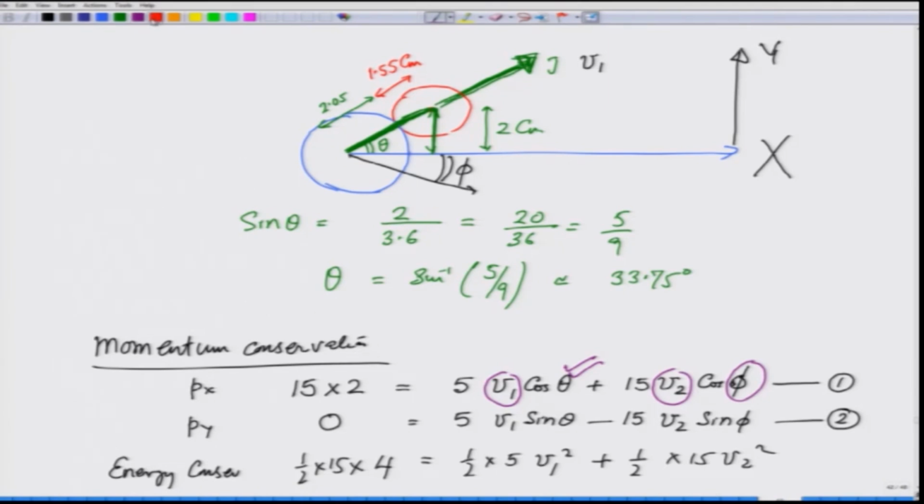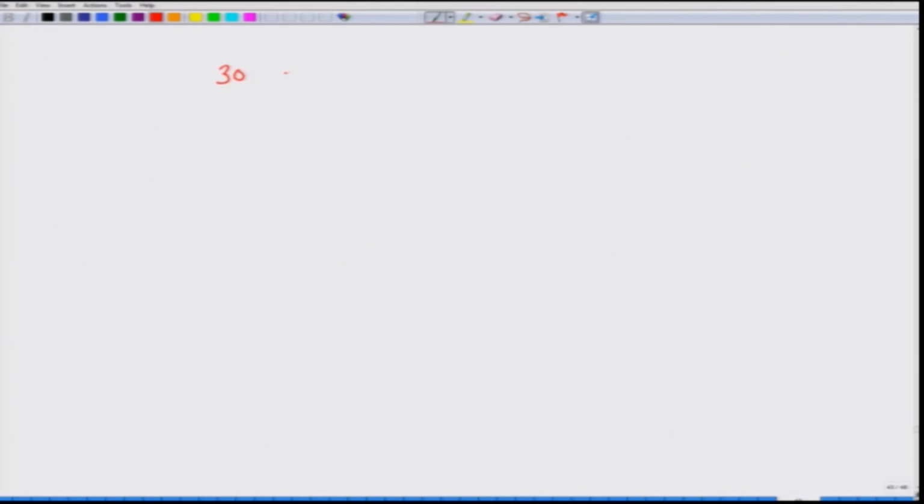Let me simplify them right here. So, I have 30, 15 times 2 is 30, is equal to 5 v1 cosine of 33.75 degrees plus 15 v2 cosine of phi. That is my equation 1.